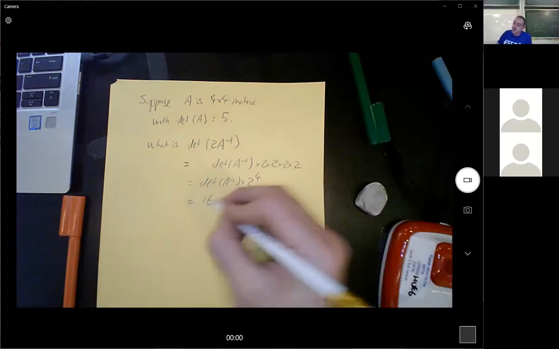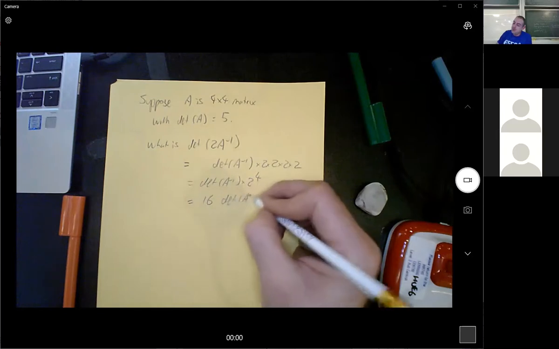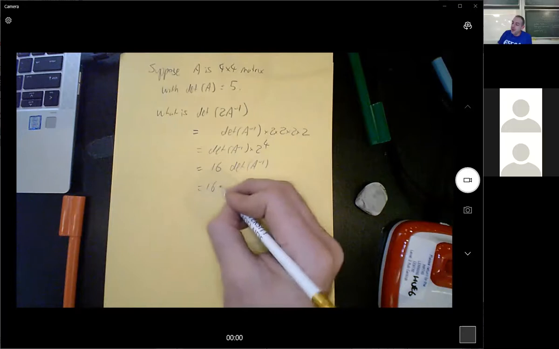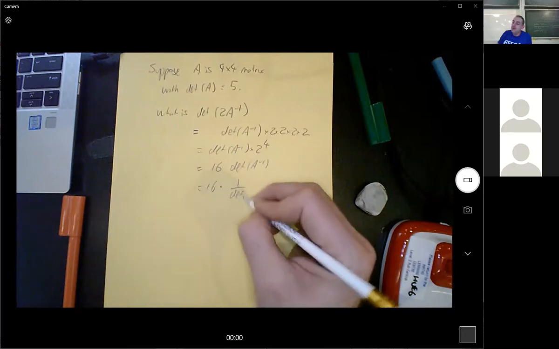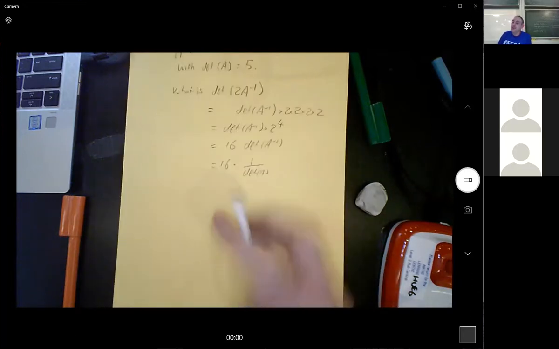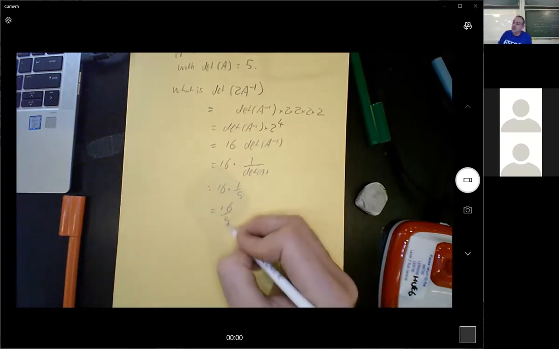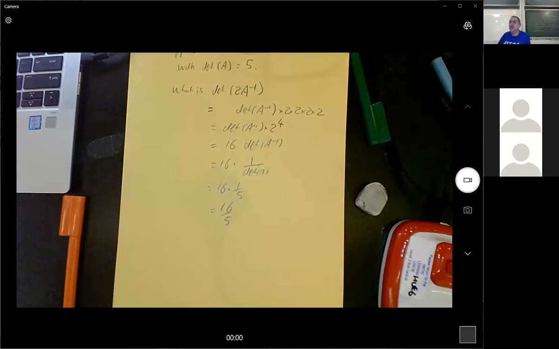So that's 16 times the determinant of A inverse. And the determinant of A inverse all by itself is 1 over det A. And so I'll get 16 times 1/5, which is 16 over 5.